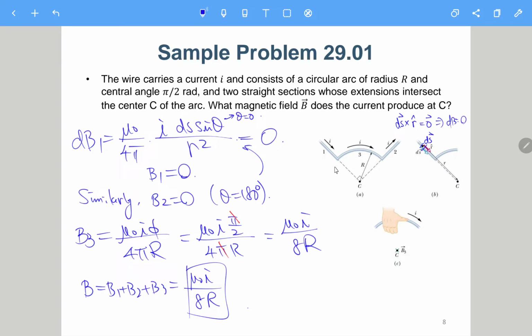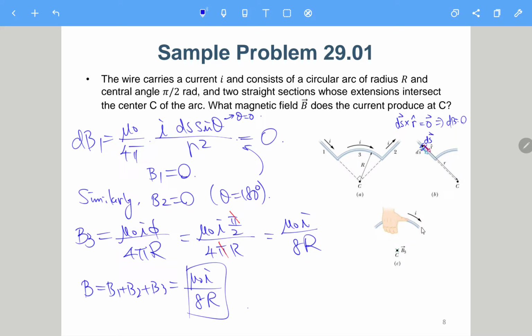And of course, if you really need to determine the direction of the B field, you can use the right-hand rule. Even though this segment is not a straight line, it's curvy, you can still use the right-hand rule. You can use your thumb to follow the direction of the current.